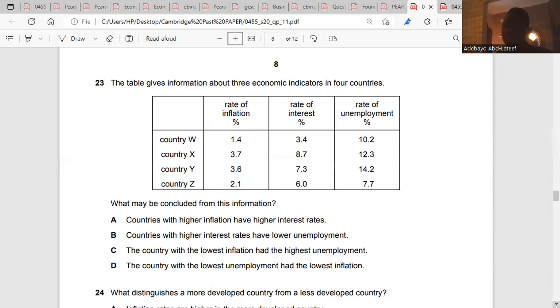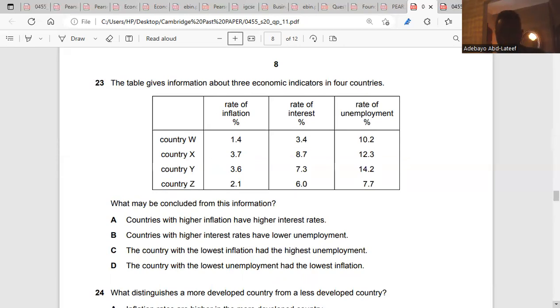Country X has a 3.7 inflation rate and a high interest rate of 8.7. Country Y has a 3.6 inflation rate and a 7.3 rate of interest. So the countries with high inflation have higher interest rates. The answer is A.